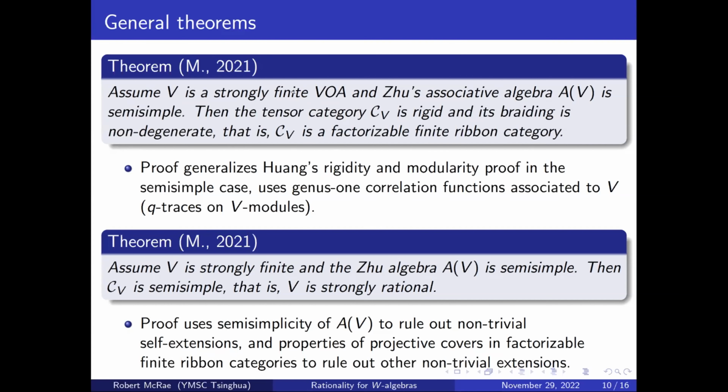We need the rigidity and non-degeneracy from the preceding theorem, because it's known that projective covers of simple modules in factorizable finite ribbon categories have some nice structure. And those properties allow us to rule out other non-trivial extensions appearing in this category. So we get semisimplicity.